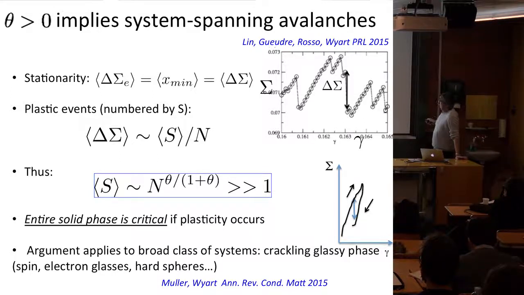So this argument, again, tells you that in the entire solid phase, if you do have plasticity, the mean of those avalanches must grow as a power of n. The only way you can do that is if their length scale has a cutoff, which is the system size. So this states that in those systems, when you have avalanche response, when you have plasticity, then it must be system spanning.